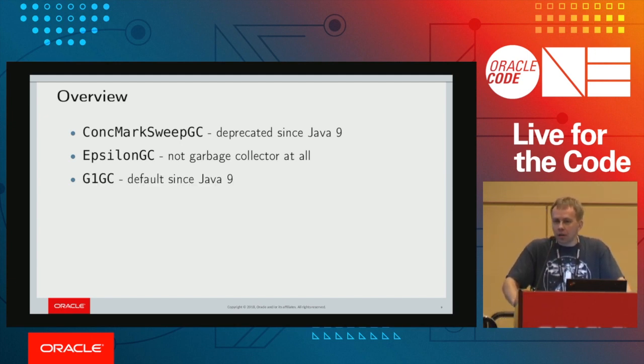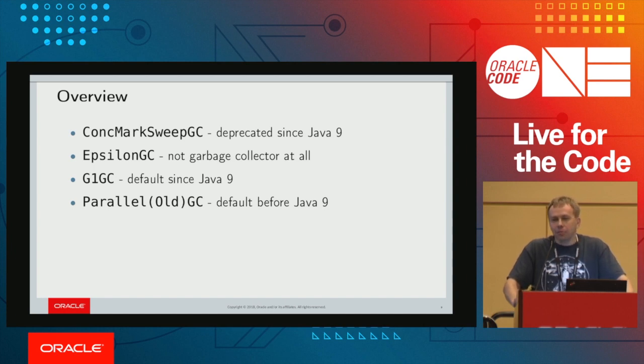G1 GC is our major GC, the default since Java 9. Parallel is really the same thing, just a difference which still exists in the options due to some legacy stuff. It's a very old collector, but very nice. Serial: who is using Serial GC right now?